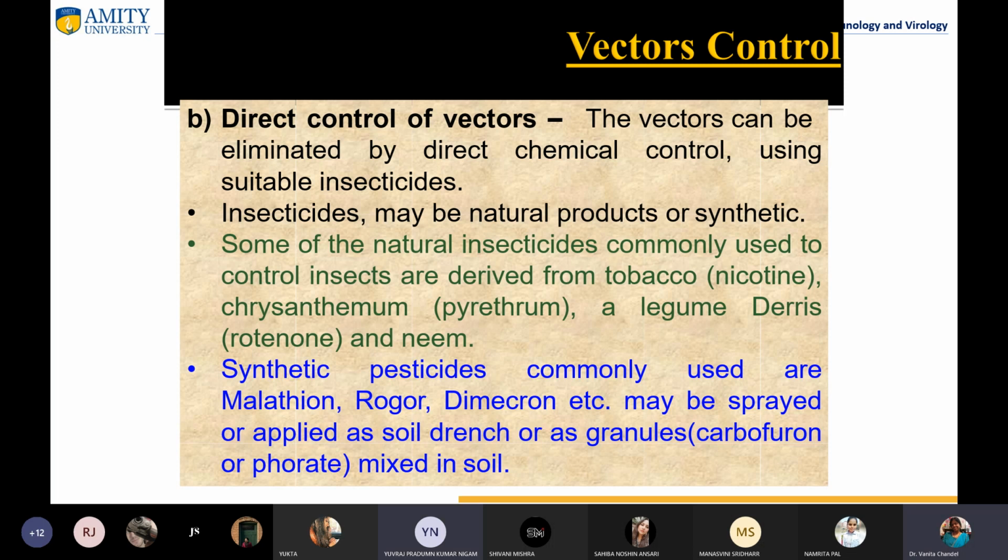Yes, ma'am. How is its efficiency? See, Virozole's efficiency has been tested for some plant pathogens, not for all, and that too in research programs only, because the doses we would need to use in a particular field would be much more.